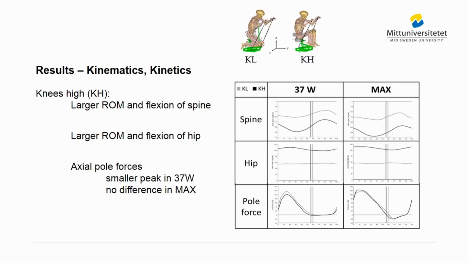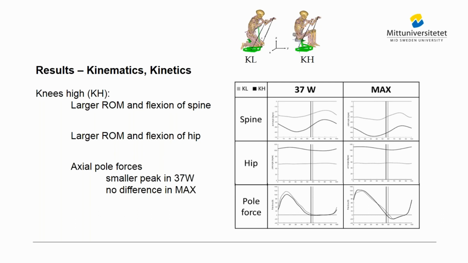To the kinematics and the pole forces, I don't expect you to see the numbers on my scales there, but the black line in the figures represents the knee-high, the KH position, and the gray ones are connected to the KL sitting position.